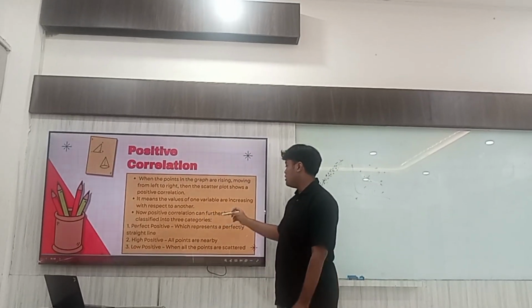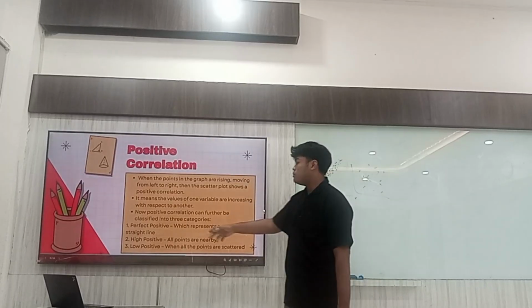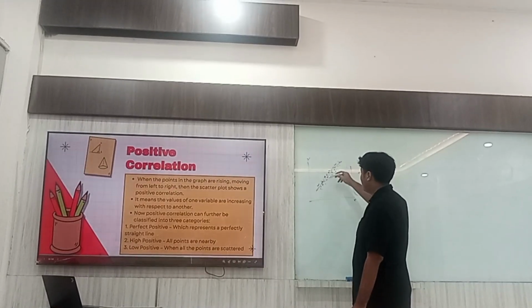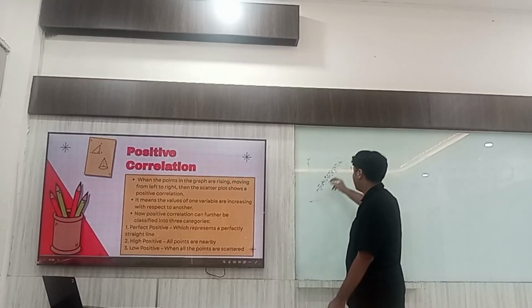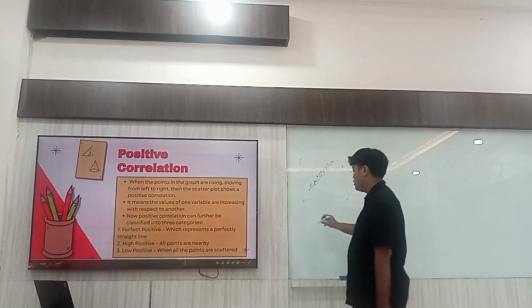Now, positive correlation can further be classified into three categories. Perfect positive is when every dot is very close together, along a perfectly straight line.